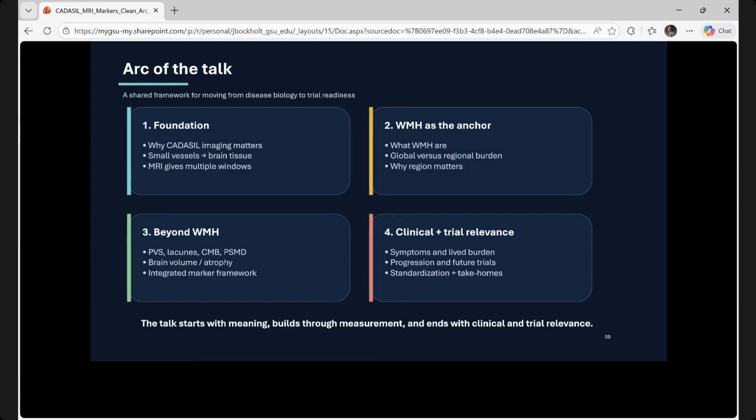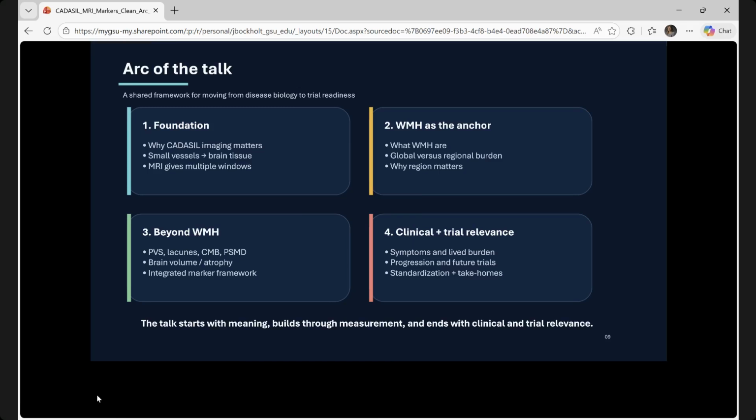While we'll use the white matter hyperintensity or white matter lesions as the anchor, I want to take you beyond that, and then show how combining all of these markers together will lead to clinical trials and monitoring disease progression, and potentially starting to predict future outcomes.